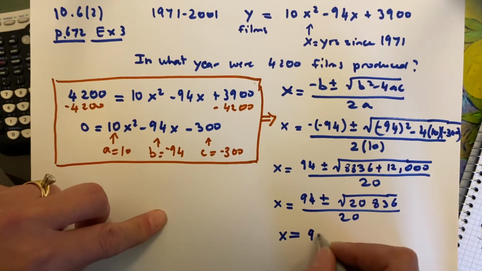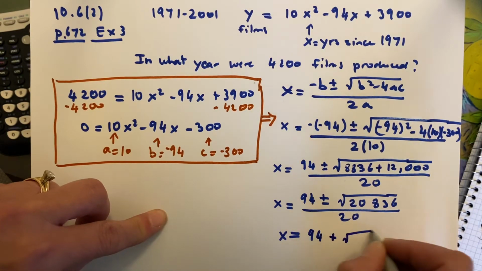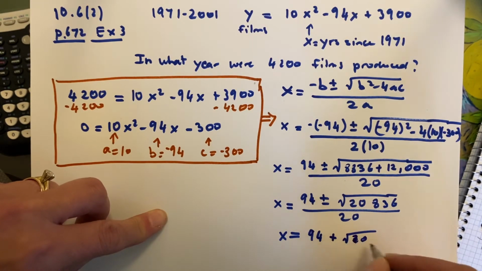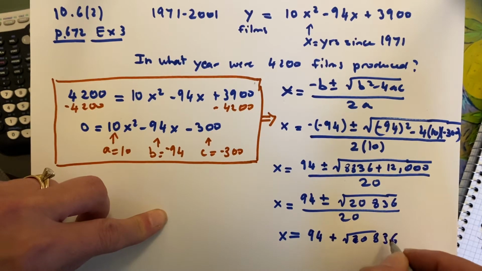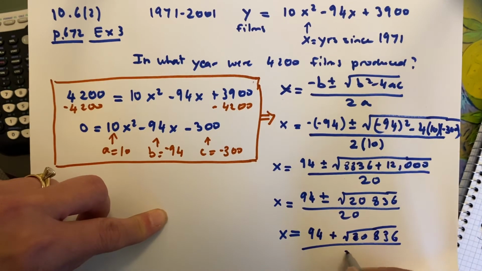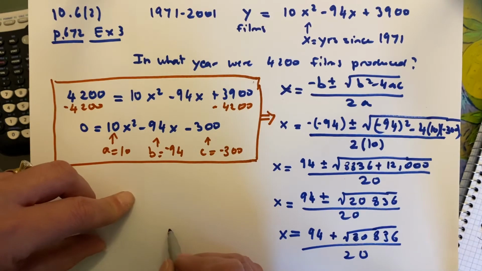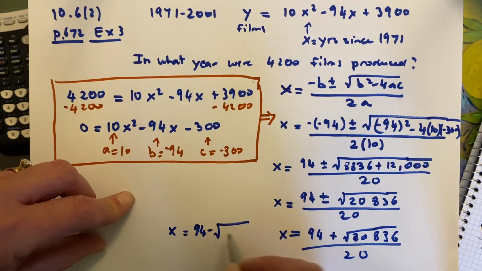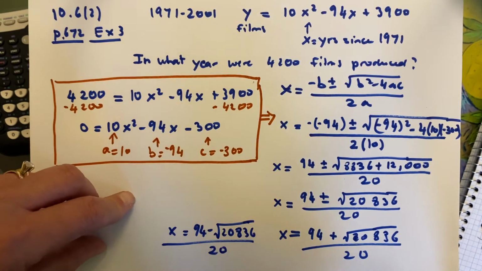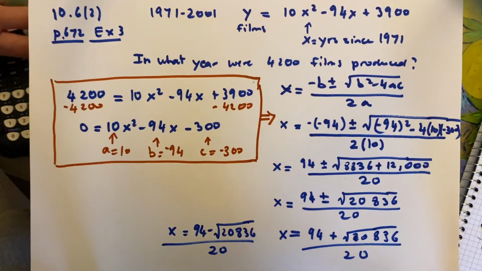The first one, x equals 94 plus the square root of 20,836 over 20. And over here, x equals 94 minus the square root of 20,836 over 20. I'm going to have two possible answers.